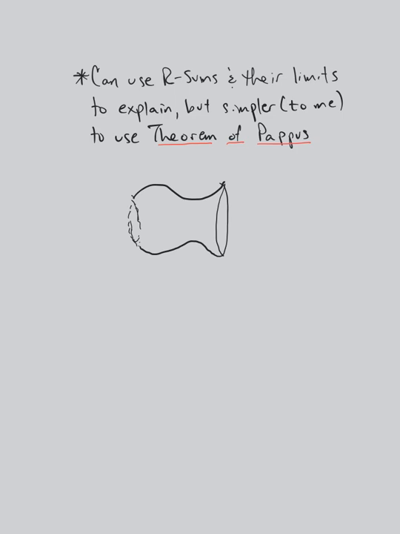What the theorem of Pappus says is that if I have a solid object, but I can draw an axis through that object somewhere, and we'll call that the x-axis, and if at any value of x along that axis, I can look at the cross section, like making a slice through it, like that.